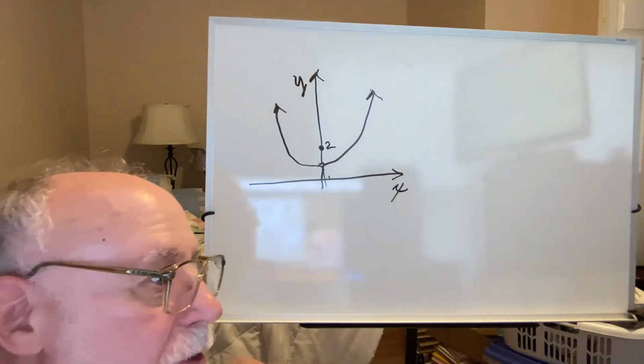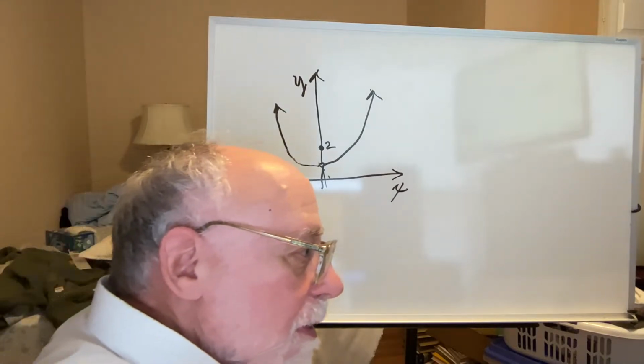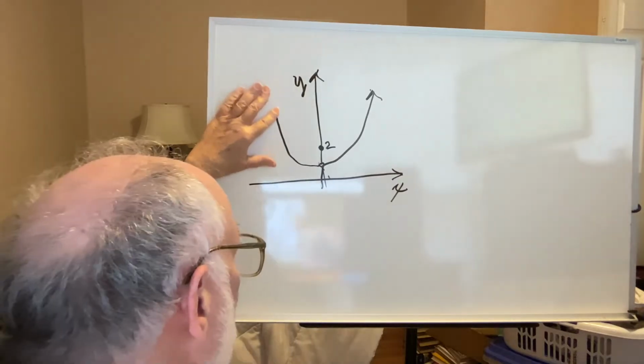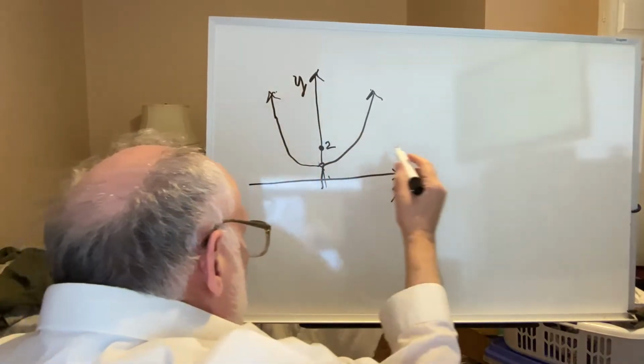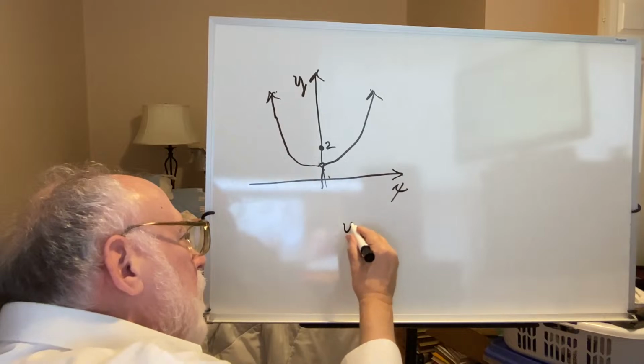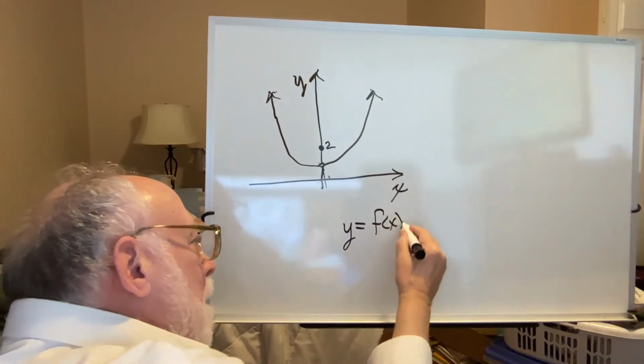This function may look somewhat contrived, but there's a method to this madness. What you have here is y equals f of x.